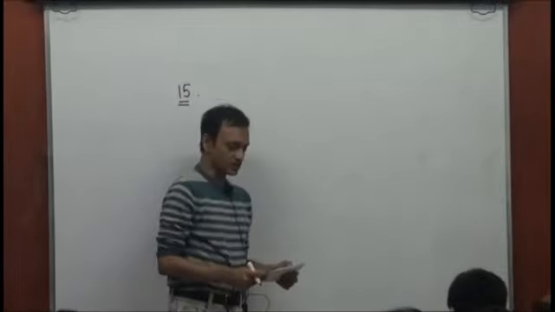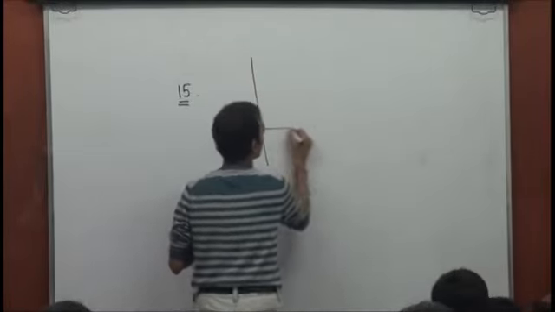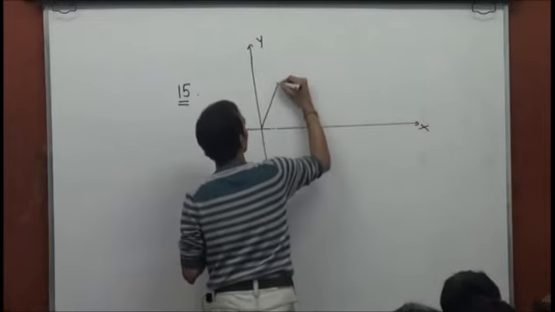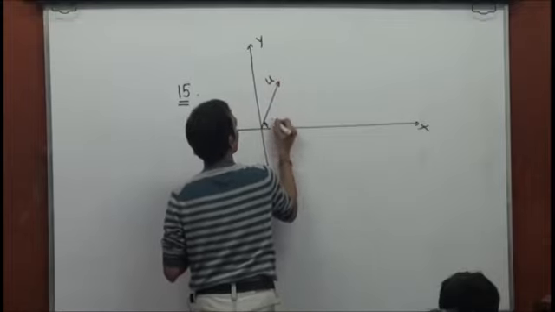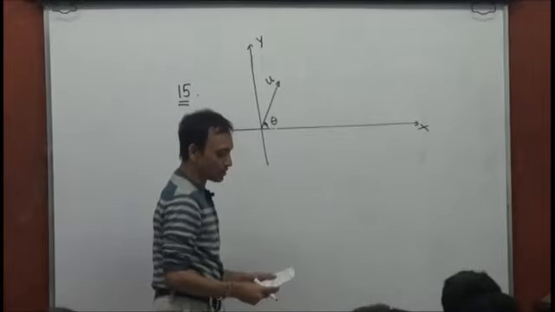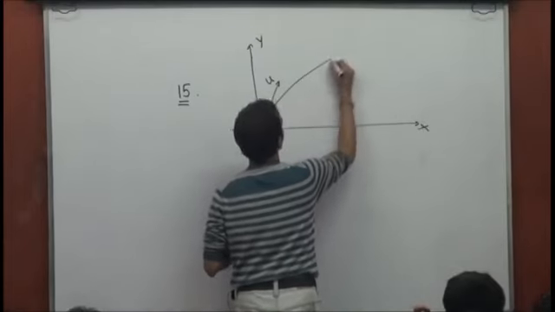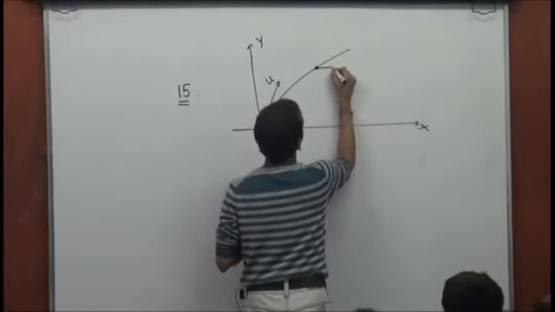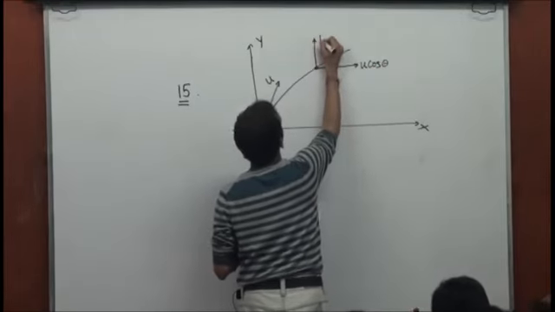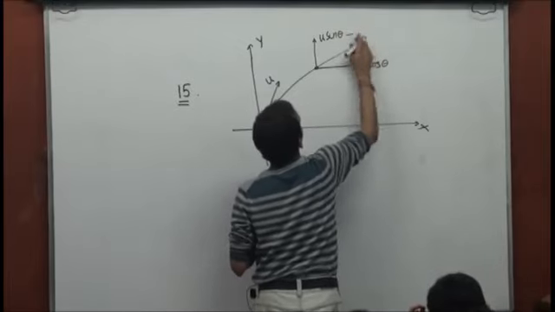A particle is projected with a velocity u, making an angle theta with the horizontal. The instantaneous power of the gravitational force at some instant of time t. At an instant of time t, it has a horizontal velocity u cos theta and a vertical velocity u sin theta minus gt.